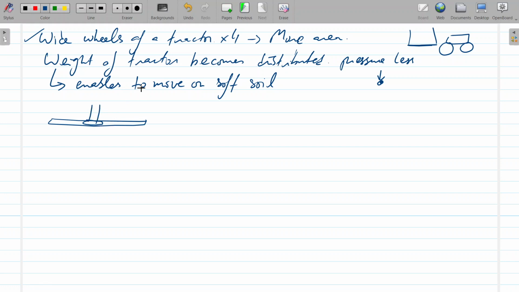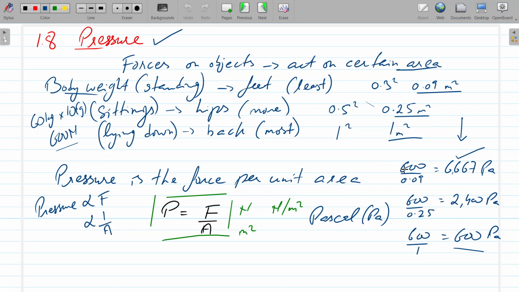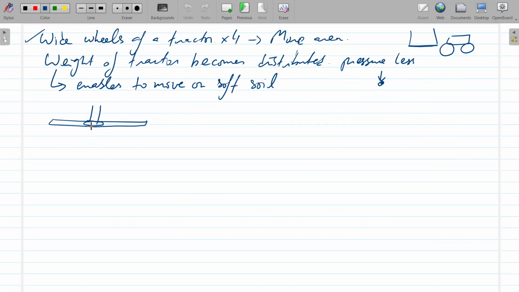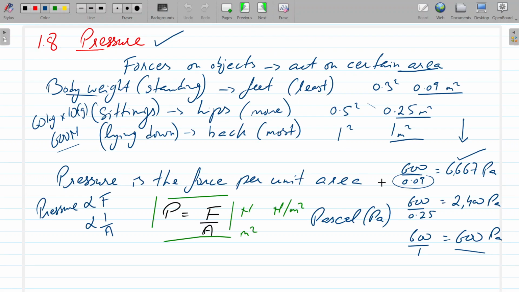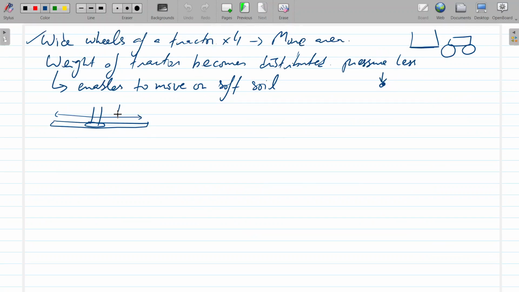Now, what happens? Normally, you would be exerting this much pressure with your feet directly. But now, let's say this is 1 meter. Your weight is being distributed over the ski. So instead of a pressure of 6,667 pascals, you are now only exerting a pressure of 600 pascals, because I said the ski is 1 meter.